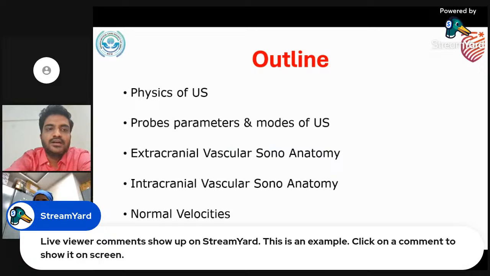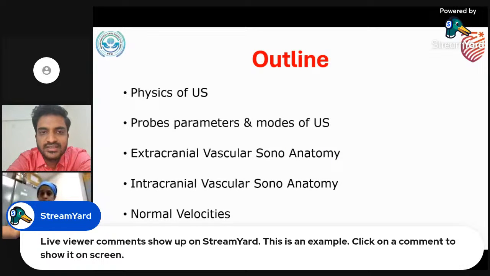With that, today's class will be based on the basics of neurovascular sonology: the basic neurovascular anatomy and how we check it using ultrasound. This class will be majorly based on TCCD. We'll start with the physics of ultrasound and slightly touch upon the probes and modes of ultrasound we use.